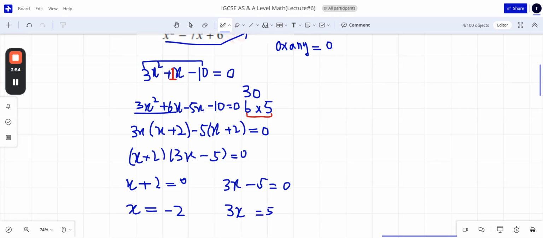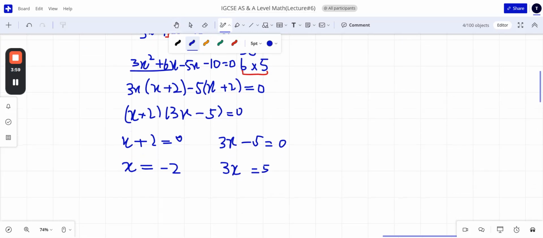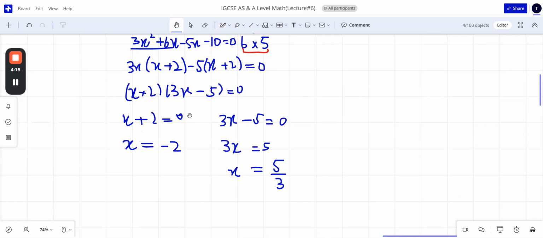And now we need to shift the coefficient of x because we need to find the value of x. It means there should not be any value with the x. So the coefficient will always divide when we move to the other side of the equal sign. So it becomes 5 by 3. Now we got the two values of x: x equals minus 2 and 5 over 3.